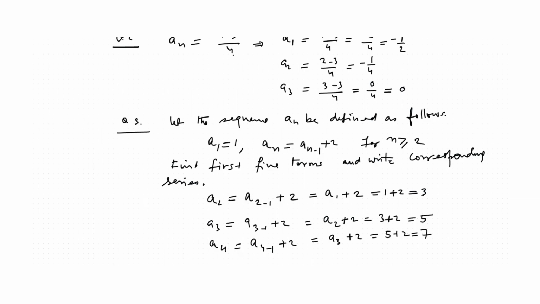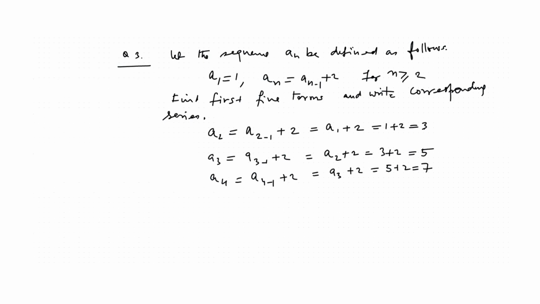And finally, if we want to find A5, what would be A5? A5 would be A(5 minus 1) plus 2. So it is A4 plus 2, which is 7 plus 2 is 9. So we got all the terms. So what is my corresponding series?